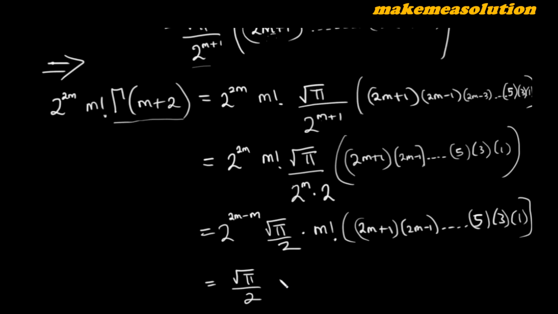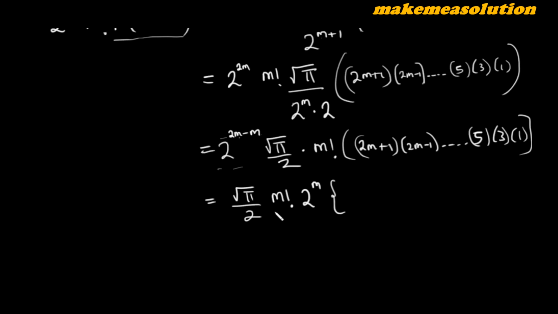Okay, I feel m factorial should come first. Then this one, 2 raised to the power of 2m minus m, which is 2 raised to the power of m. 2m minus m is actually what? m. So you have it like this. So anyhow you arrange this one, it doesn't really matter, but I'm just trying to bring the constants first. So you have the product of the first m odd numbers, which is 2m plus 1, 2m minus 1, and so on and so forth, down to 5, 3, 1.